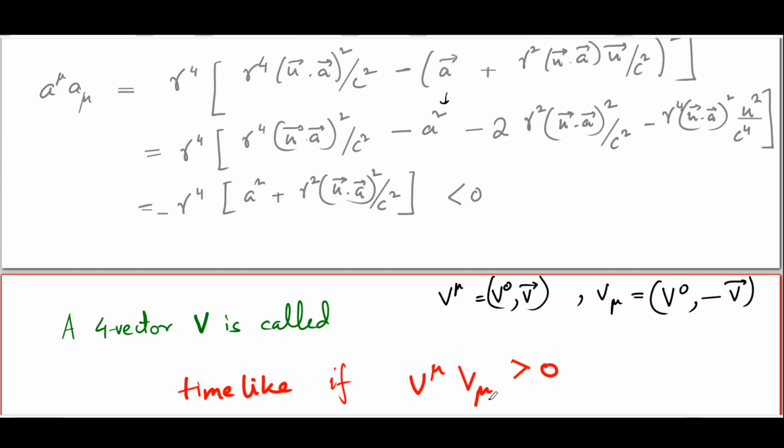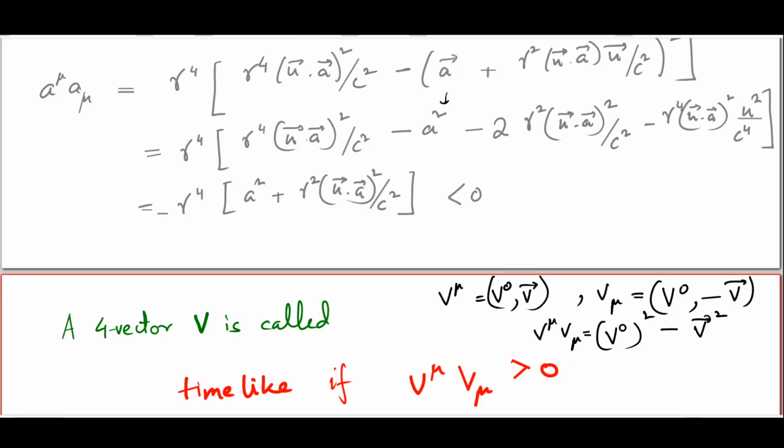So V upper mu, V lower mu really is term by term multiplication of these terms summed up, and so that is actually given by V0 square minus V vector square. This of course is something we have already used a while ago.